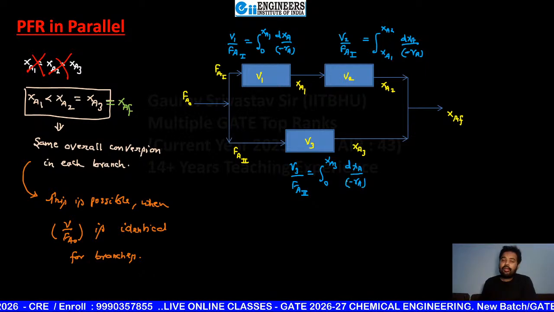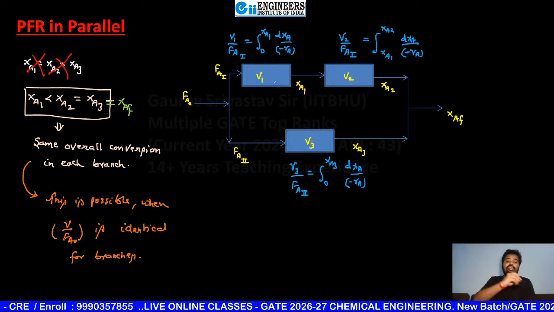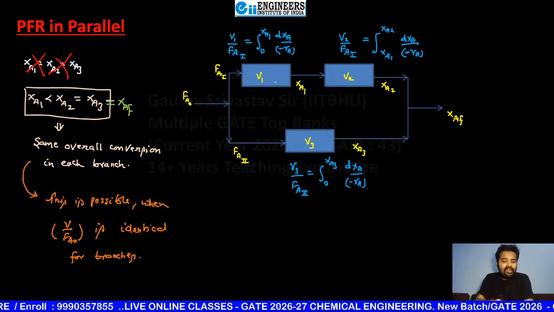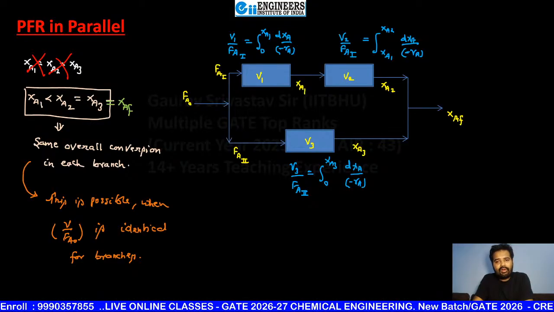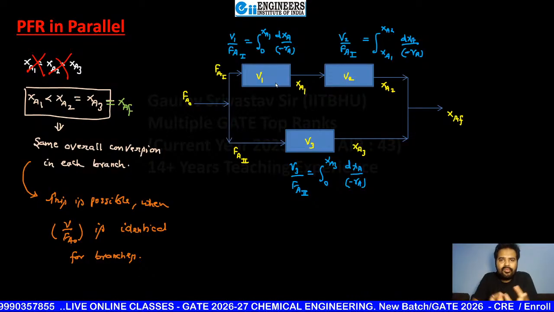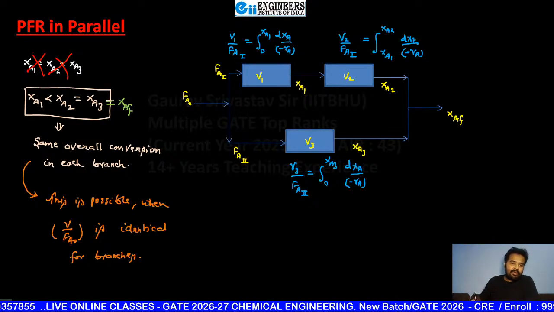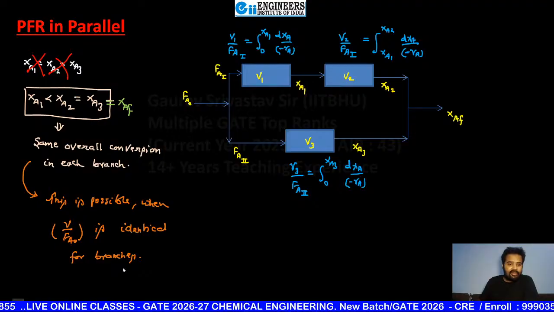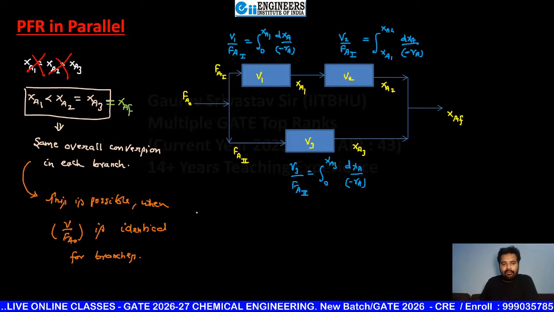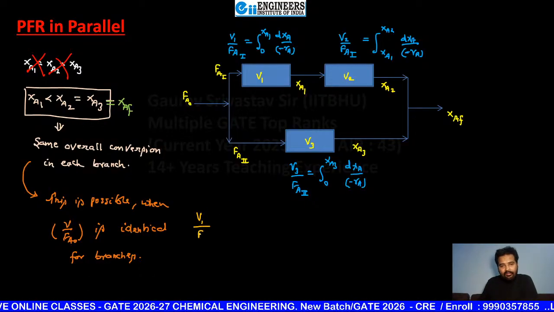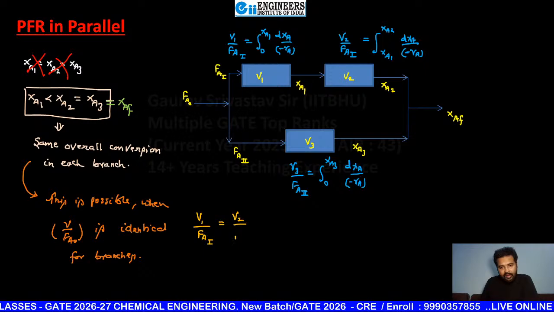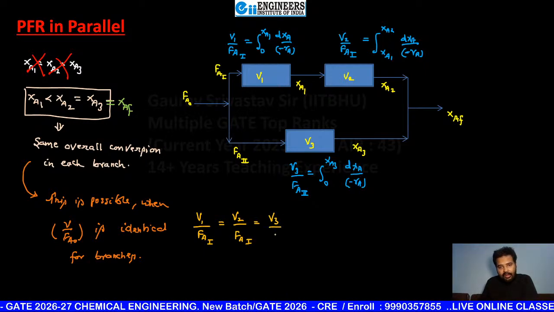Now if PFR in series, no need to worry yaar. The same diagram that you are seeing here, you can also use just like one single PFR. But please tell me beta, can we write here also in similar manner that V1 by FA1 equals V2 by FA1 equals V3 by FA2?